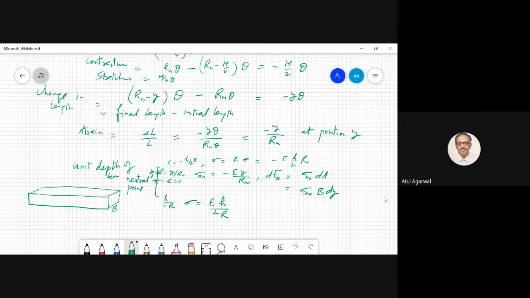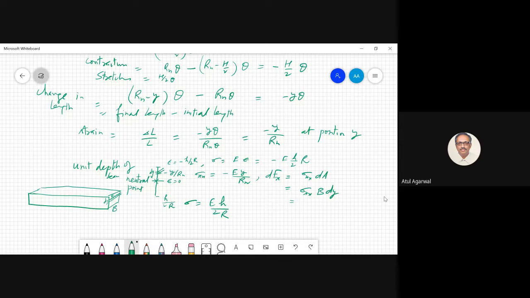So this area, if you look at this, will be like this. This is your dy, this is your b. You are assuming same amount of stress over the entire depth. So your force becomes dfx is equal to sigma xx b dy. Now you have to see the sign of the force. So this is the compressive force, you see. Now let's put the value.